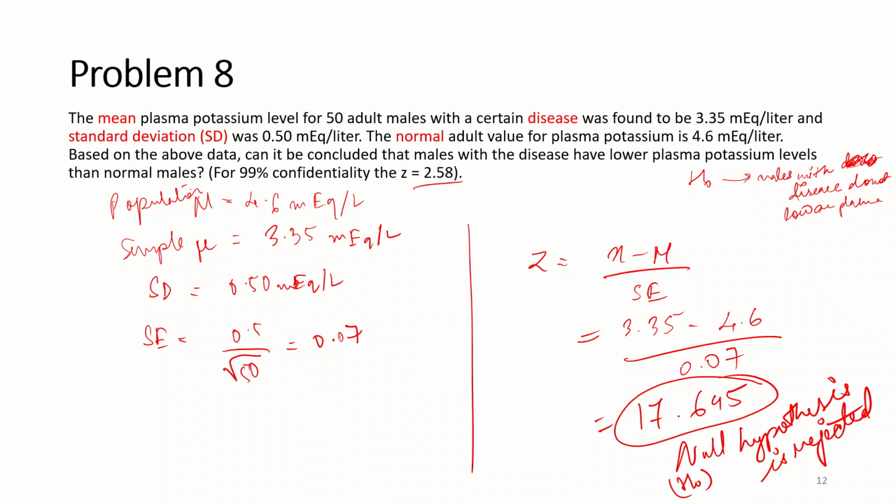The table value is 2.58. It is greater than the Z value, so that is the reference.